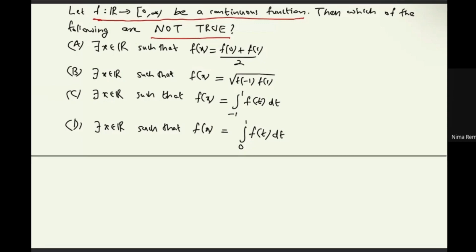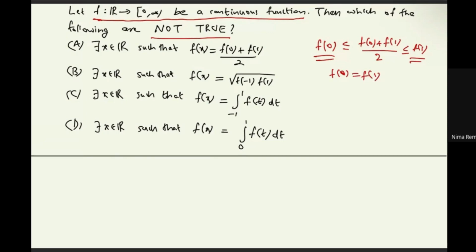What do you know about this number, f of 0 plus f of 1 by 2? It always lies between f of 0 and f of 1. I can't say which is on the left or right, because it depends on which is bigger. There can also be cases when f of 0 equals f of 1.